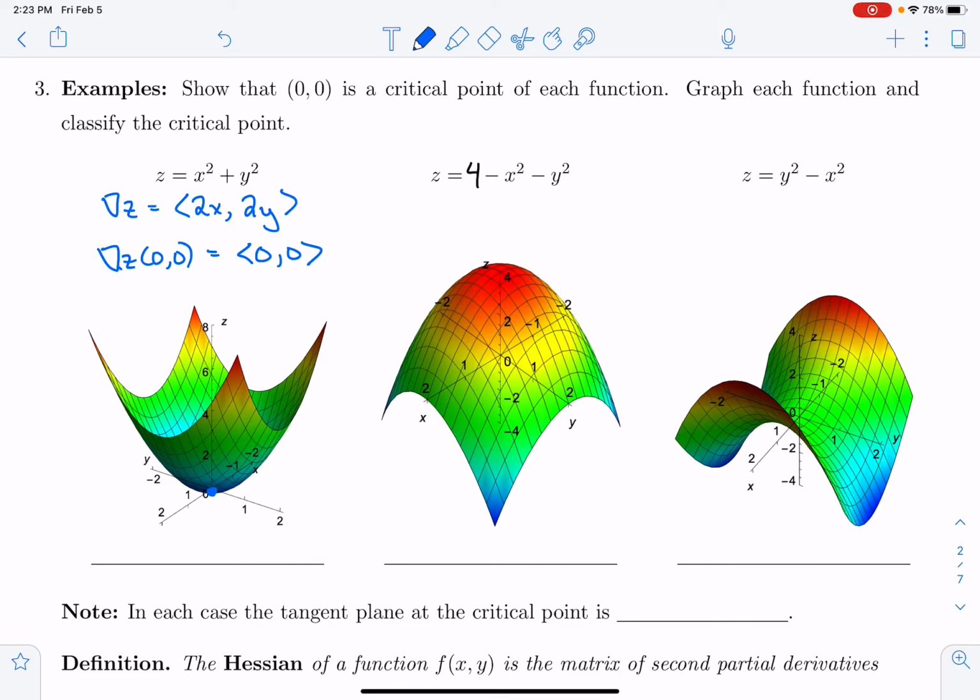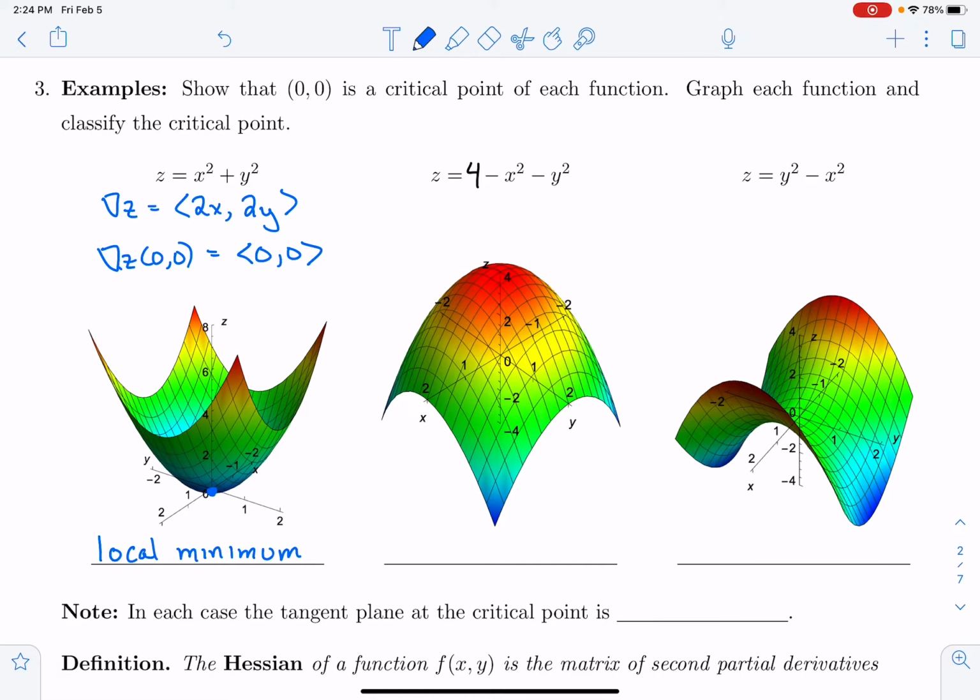You can look at the point (0, 0). That's at the bottom of this paraboloid, this bowl shape. And so clearly (0, 0) is a local minimum. In this case, for this function, it's also the global minimum, but we're going to worry right now about classifying local maximums and minimums.